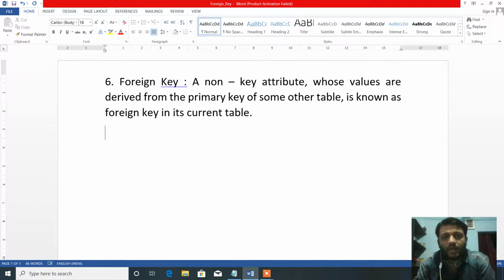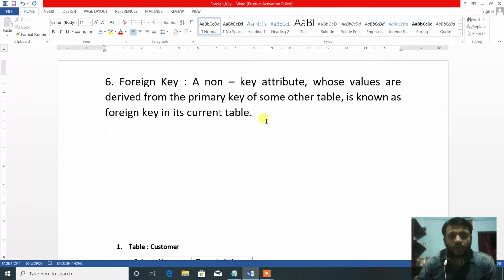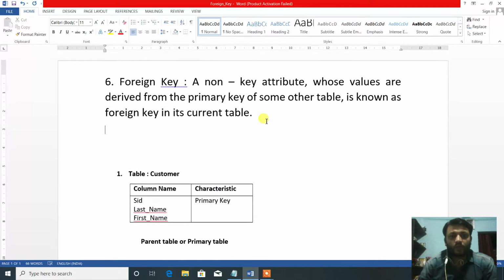Actually, we derive some data from another table. So for a foreign key you need two tables. Then you are able to create the foreign key.